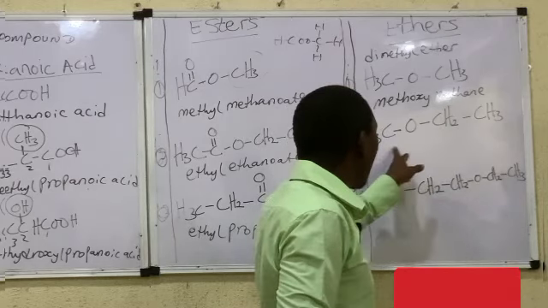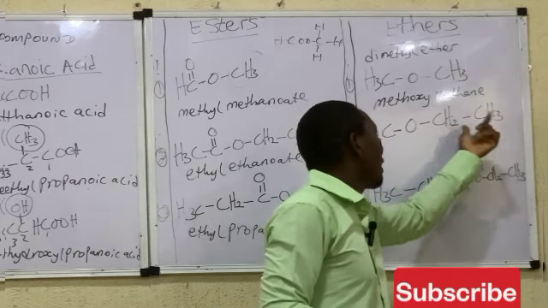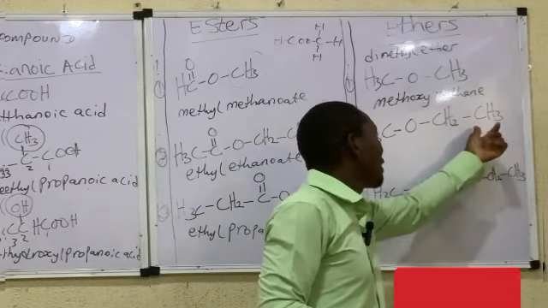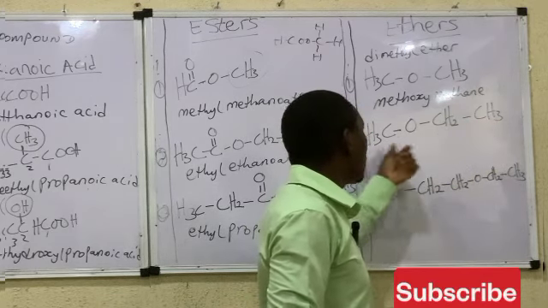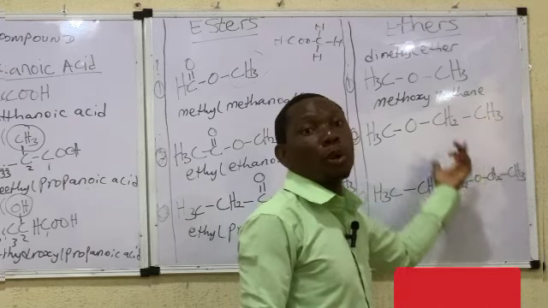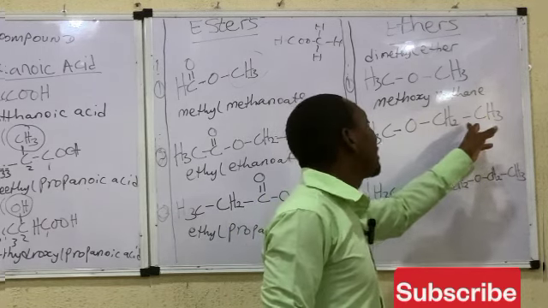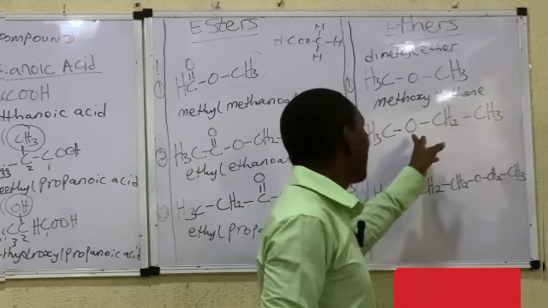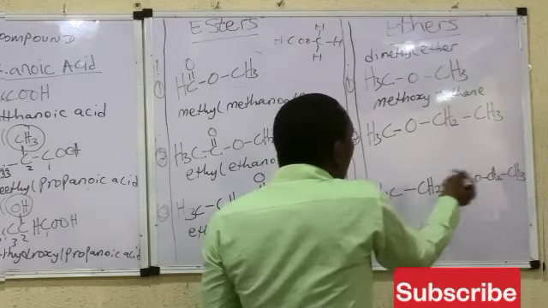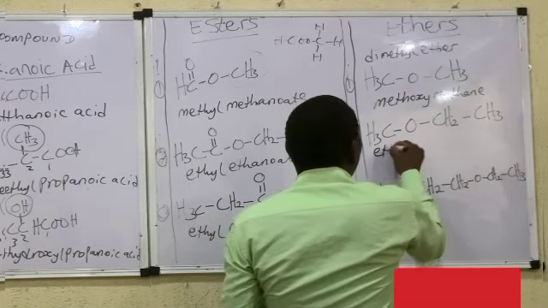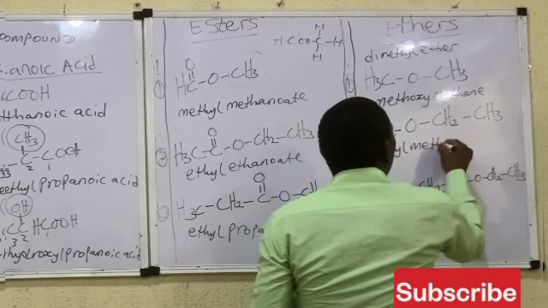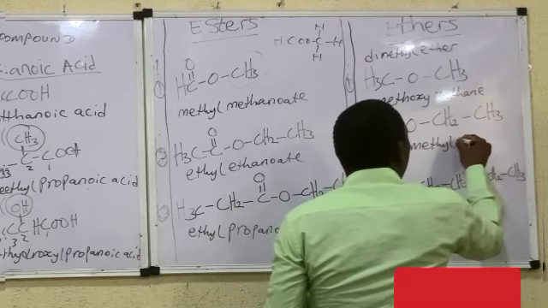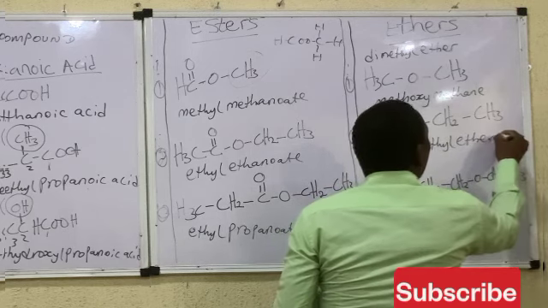All right? Here now, remember this is a 2 carbon ether. And here now this is methyl. So here, if you want to name it the old system, what would you do? You say ether, methyl, ether. So we can decide the old system. We can now say ethyl methyl ether.